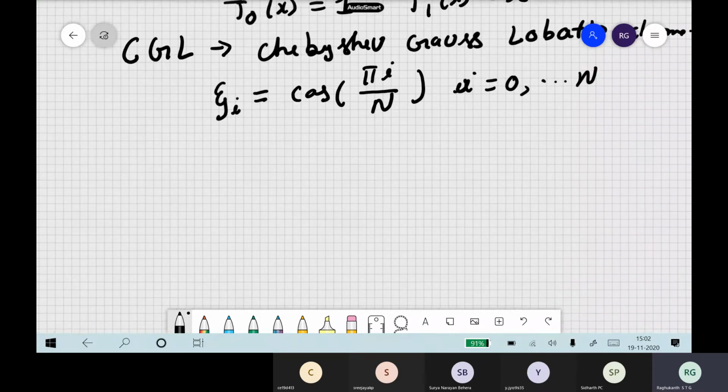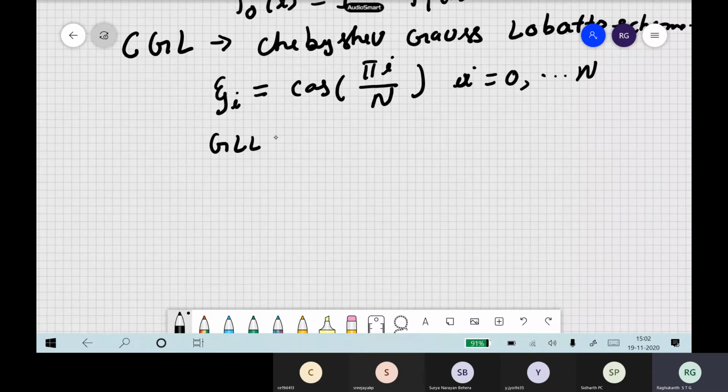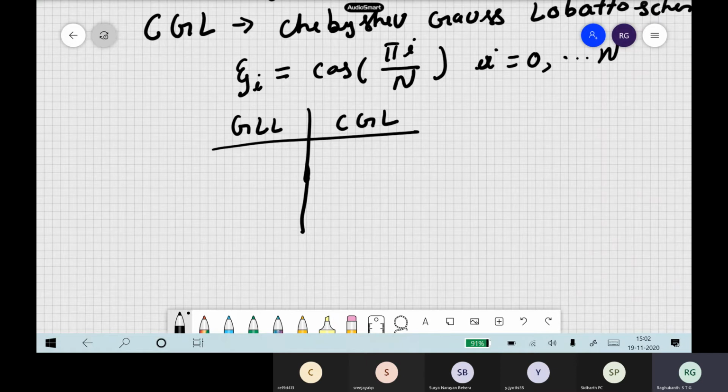And if you compare GLL with CGL points, it will be like this. Take the 6 point formula, that is n equal to 5, where 6 points will be there.